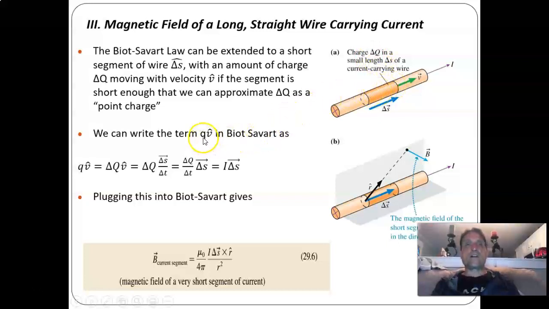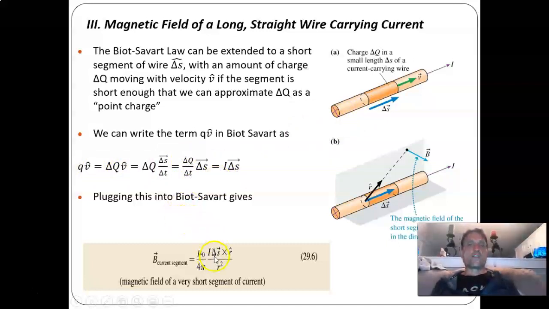And we can write the term Q times V in the Biot-Savart law as delta Q times V. And V, the velocity, is equal to delta S over delta T, so we can plug that in. And we can place the delta T under the delta Q, and then we use the definition, delta Q over delta T is the current I passing the point, and we can write Q times V as I times delta S.